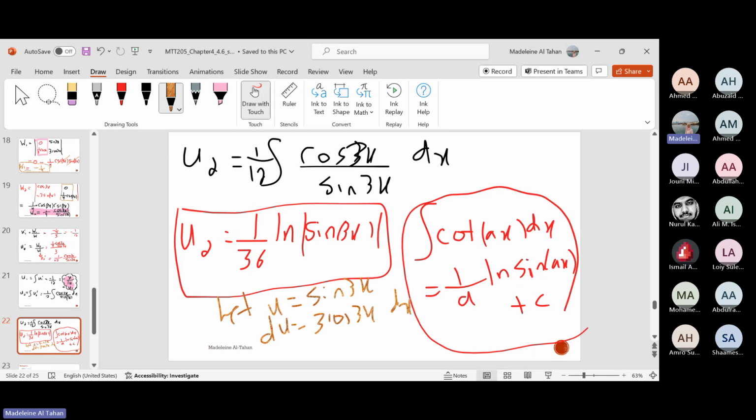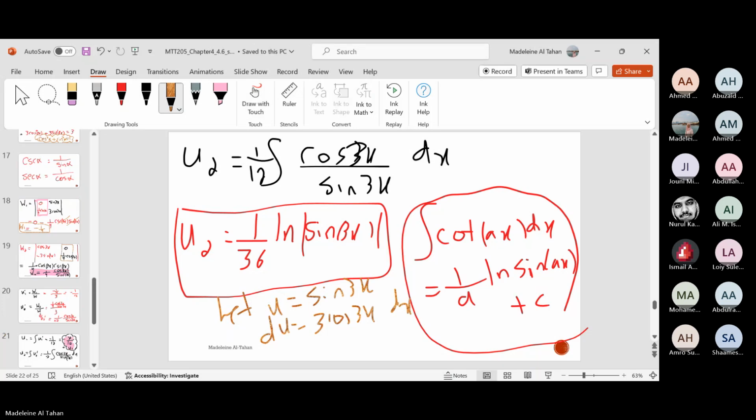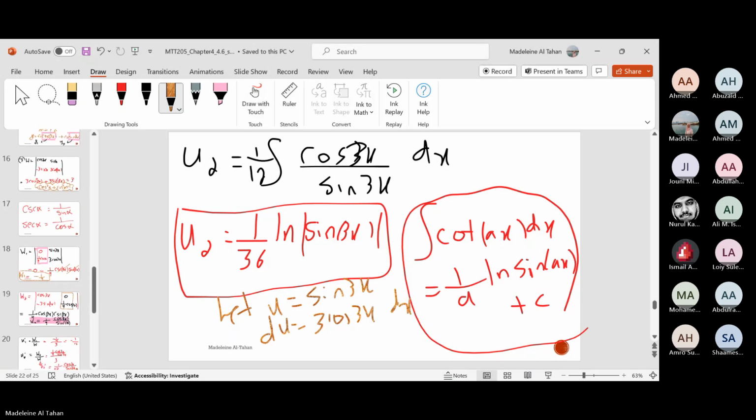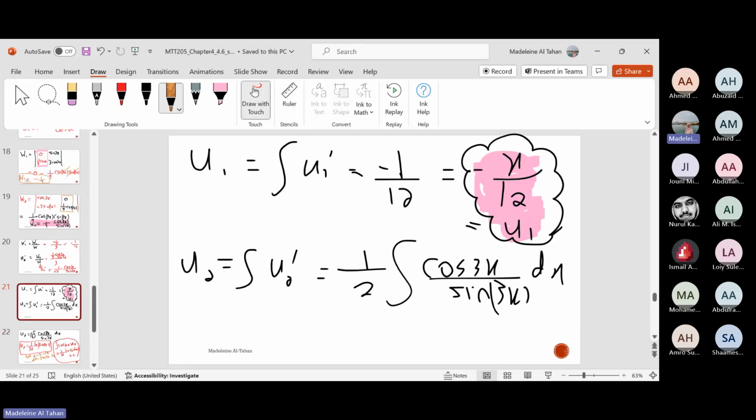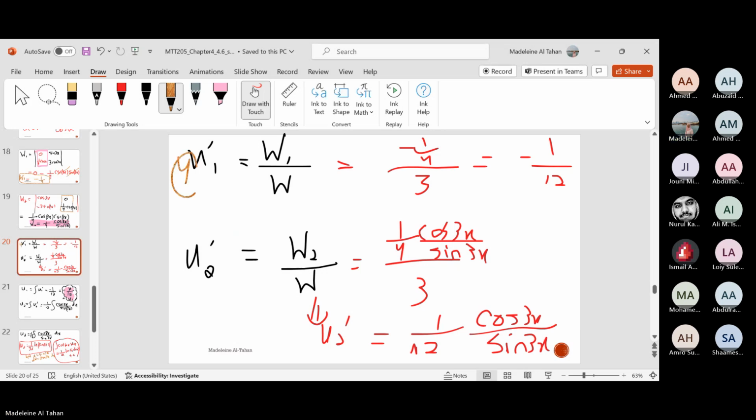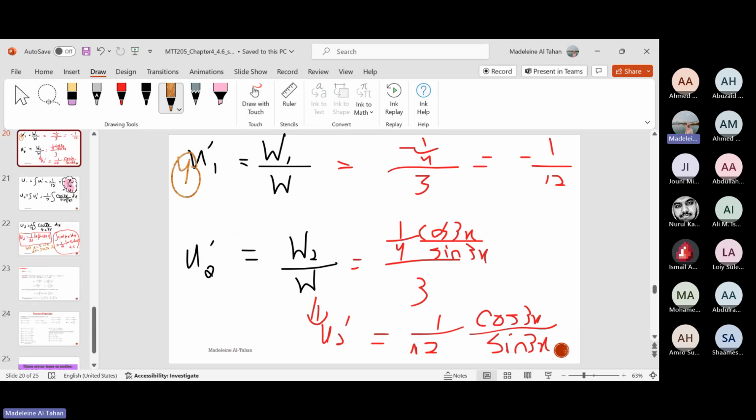We will get du over u, so ln absolute value. Do we have any questions about u1 and u2, miss? So this is step number 4. Any questions, miss?